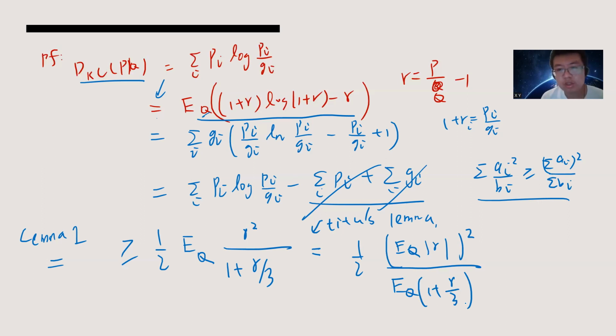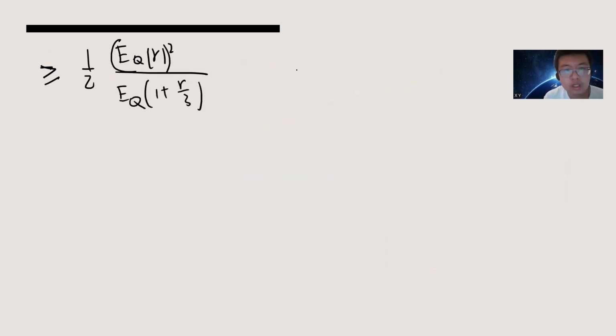So now let me just write down the right hand side. The right hand side is greater than or equal to half of the expectation of the absolute value of r, squared, over the expectation of 1 plus r divided by 3. A very simple check is that the expectation of 1 plus r divided by 3 is actually 1.